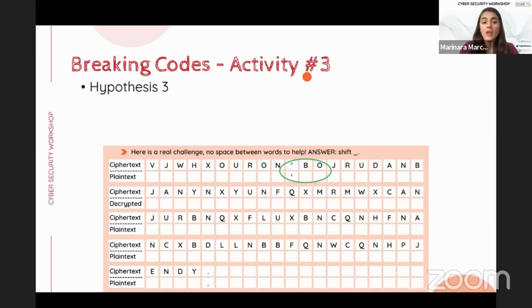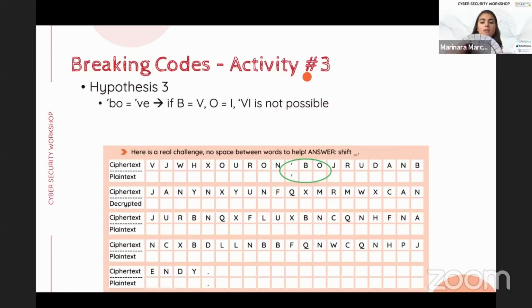So then I came up with a third hypothesis, that B equals V. If I get my Caesar cipher again and align B with V, let's see what O aligns with. If I go down to O, O aligns with I, and that is not possible.